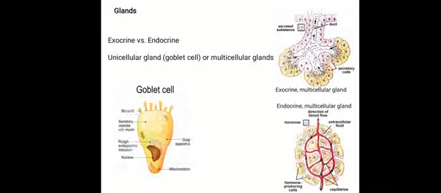Examples of endocrine glands include pituitary gland, thyroid gland, parathyroid gland, and in fact testes, ovary, pineal gland, so many of them.